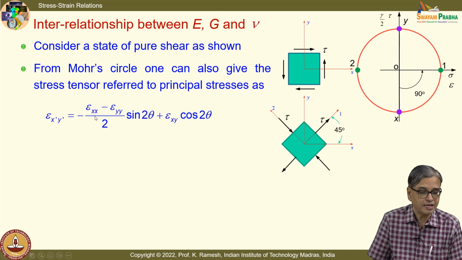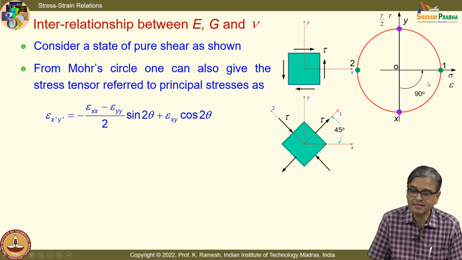So that means my xx will go to 1 1 and yy will go to 2 2, and then x prime y prime will be xy. And in tensorial transformation you have to write epsilon x prime y prime. In an engineering sense, I can write this as gamma x prime y prime divided by 2. So you should understand that.